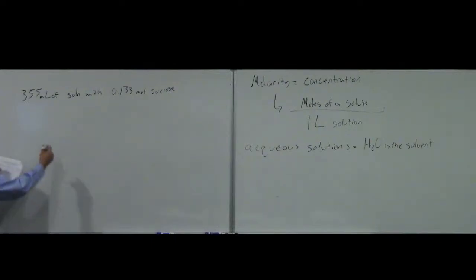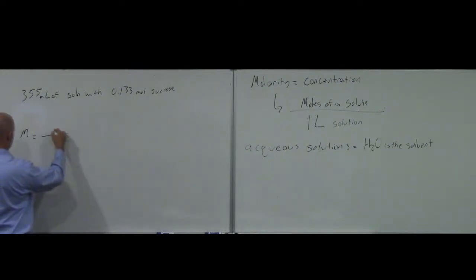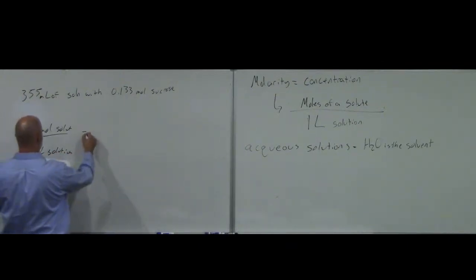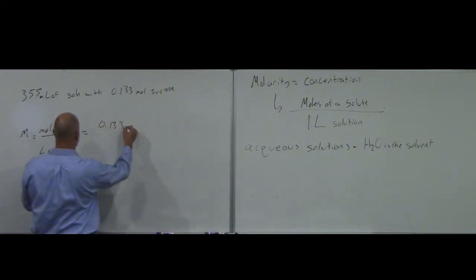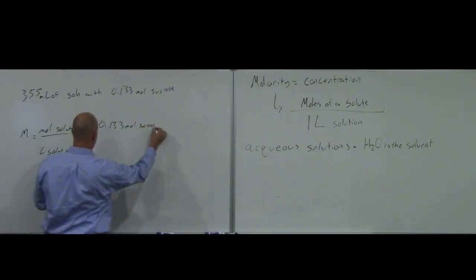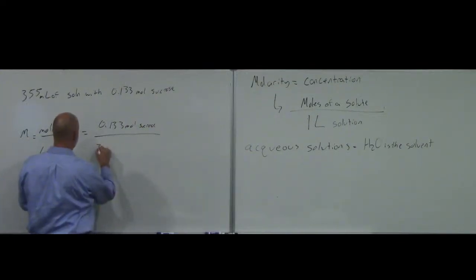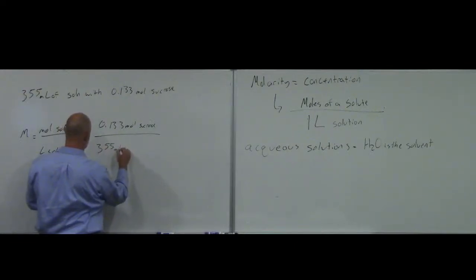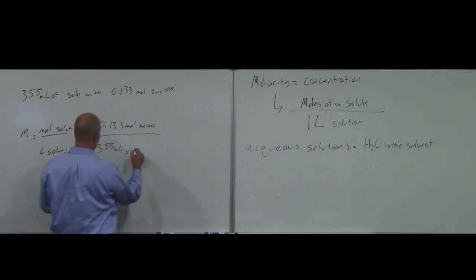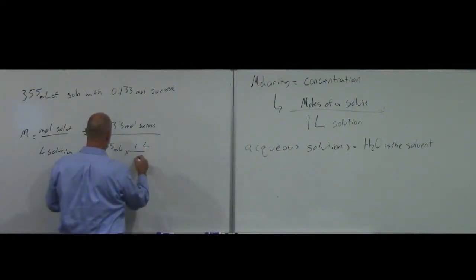Let's get their solution, okay? They're saying molarity equals moles of solute over liters of solution, right? So we have 0.133 moles of sucrose over 355 milliliters of solution, but then we need to multiply it by 1 liter of solution over 1,000 milliliters.